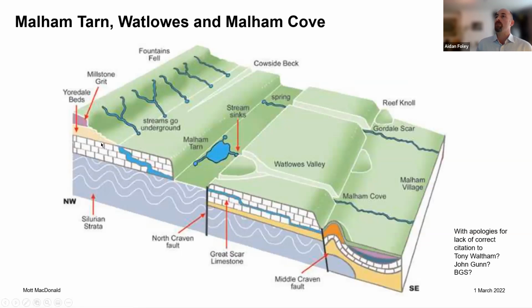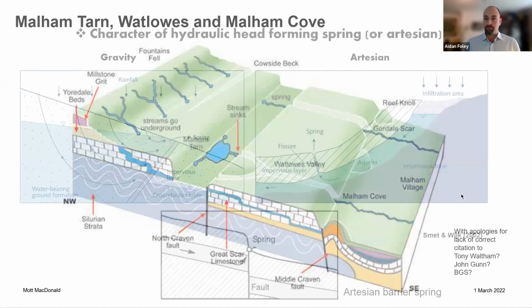As soon as we get to the Great Scar limestone, the water disappears, it sinks underground and feeds Malham Tarn, which appears on the Silurian slates, which underlie the whole lot, before sinking again beneath Watlowes Dry Valley to emerge at Malham Cove. I'm sorry, I've not been able to find the correct citation for this diagram, which I had in my records. I've put down some likely candidates there.